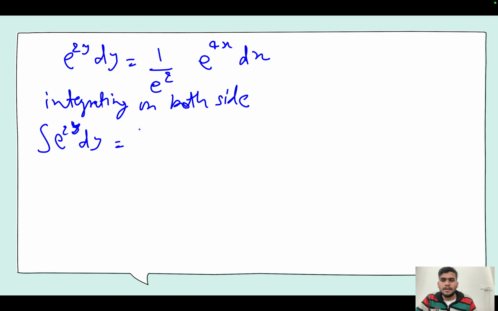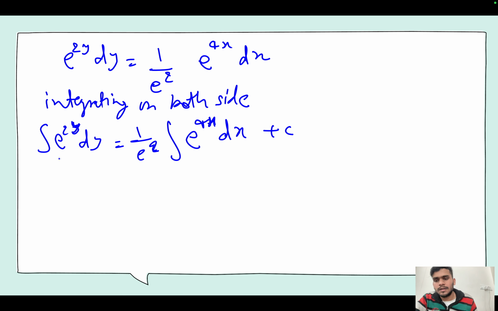And this is the constant, so it will go out from the integration, so integral of e to the power 4x dx and something constant. Okay, so how are we going to integrate it?